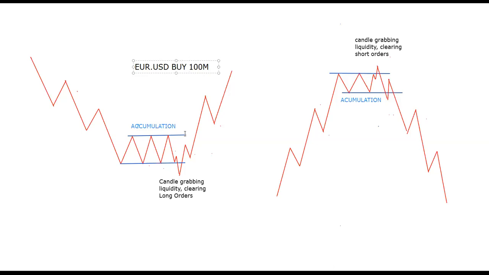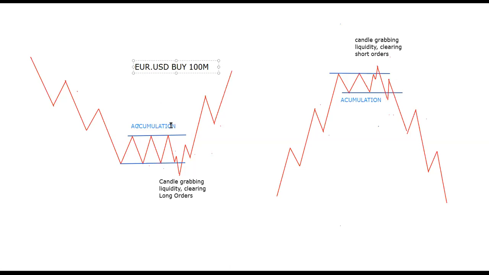Let me put it this way: if they're going to buy $100 million worth of the euro dollar, it means they're going to need a supply of $100 million. But if the bulk of traders are buying, that order will find it difficult to be filled and placed in the market. It will be very difficult for them to put in that order and have it executed for $100 million.